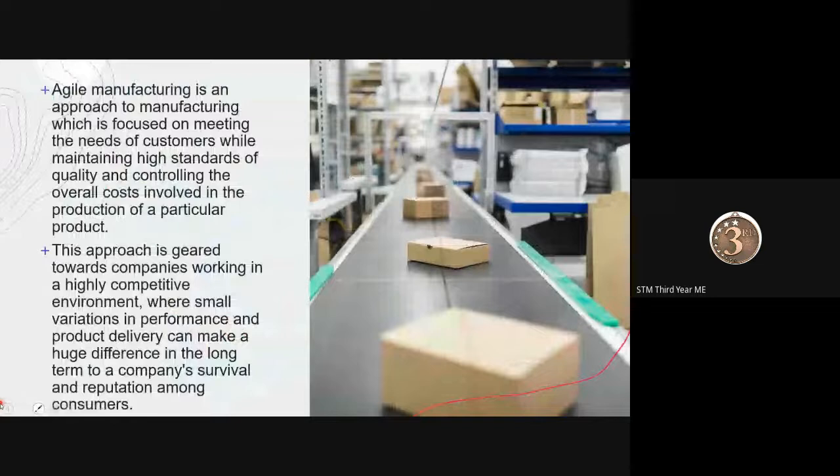So it is an approach to manufacturing with a focus on meeting the needs of the customer while maintaining high standards of quality. So here it comes. You have to keep the quality in mind and the needs of the customer. Then we will control the cost involved in the production of a particular product. So normally, agile manufacturing is a costlier process because the implementation of a new technology in a vehicle or in a product always raises its cost.